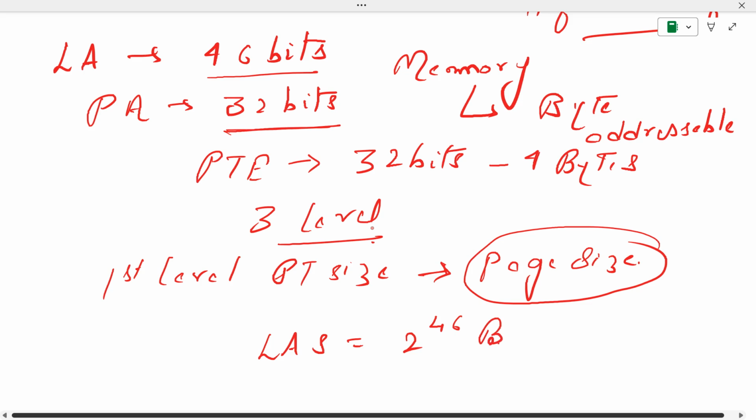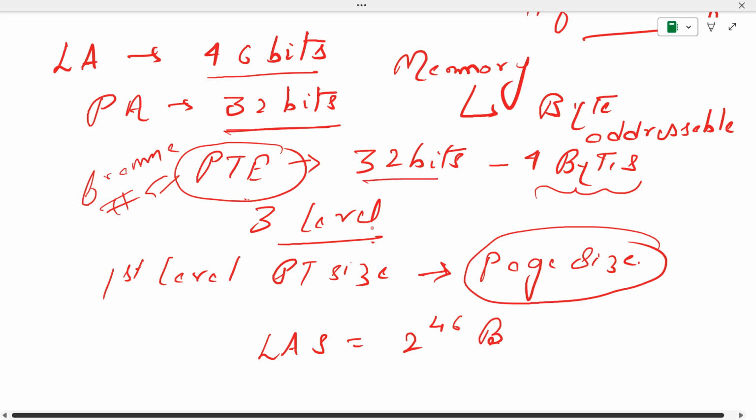And we are given the PTE as 4 bytes. Okay, so PTE will definitely contain the frame number. If PTE is 32 bits, then the total number of bits required to represent a frame is 32 bits, right?